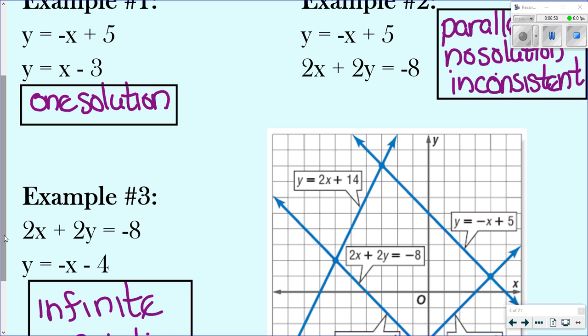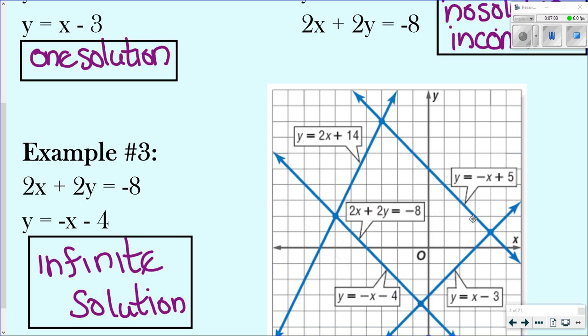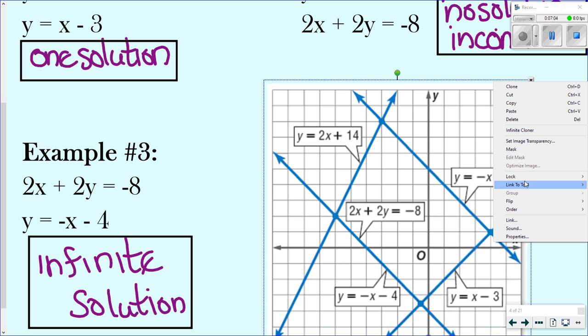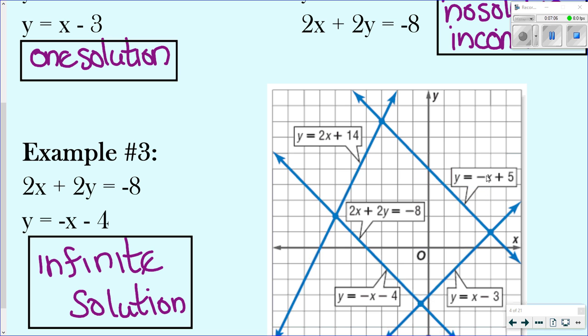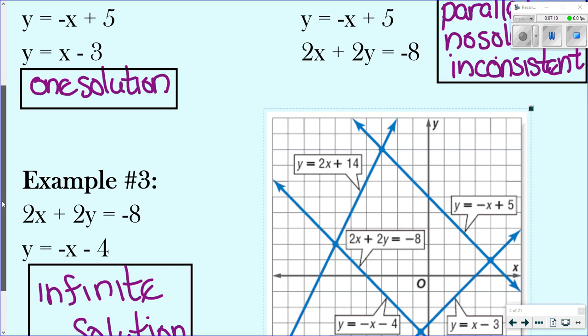Look at what they're doing. We have this line, and then we have this line. Let me lock this so that it doesn't move. Notice how they intersect at a point, and that point is 4, 1. So that means they intersect at one solution.